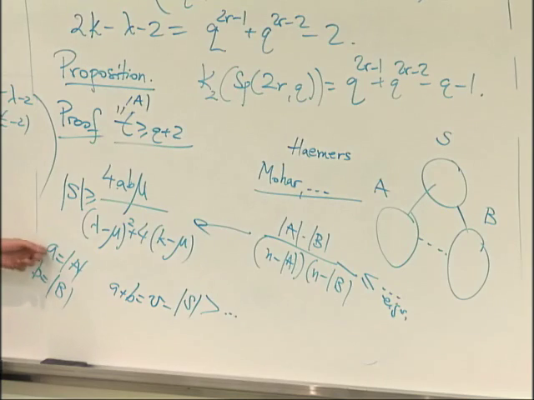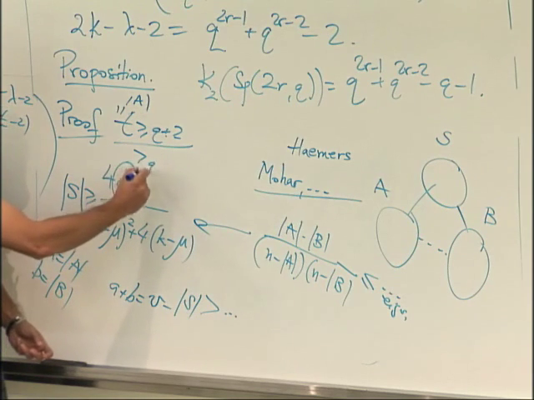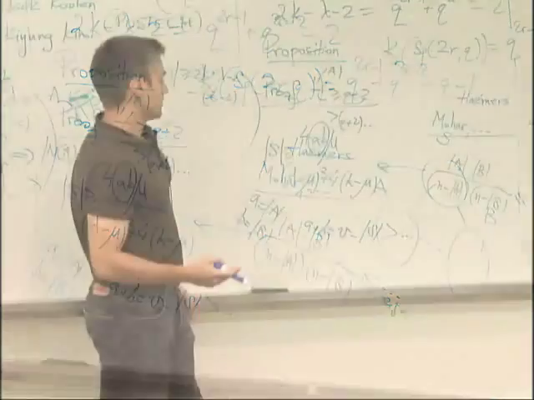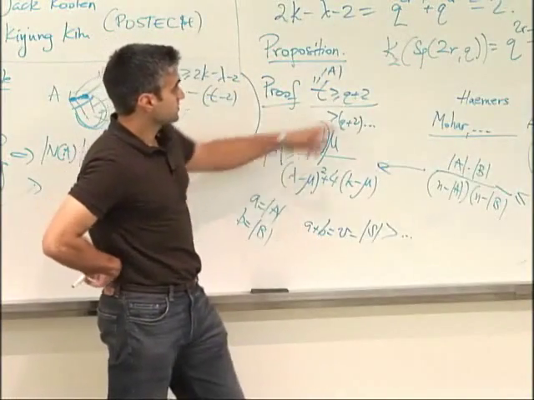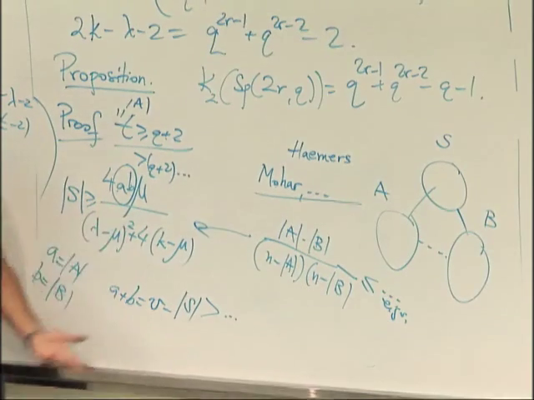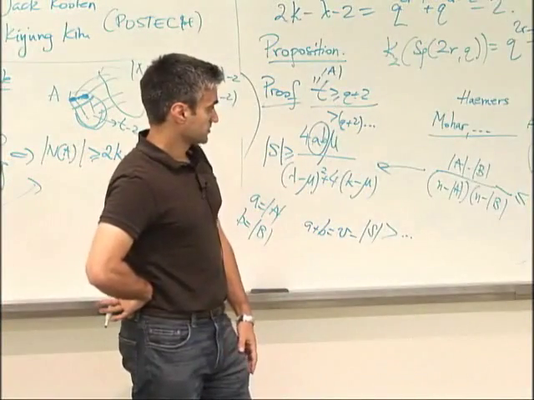And now if a is bigger than q plus 2 and a plus b is bigger than something, then the product a times b is going to be bigger than q plus 2 times something. And you plug the numbers in. It's simpler here because you see lambda and mu are the same. This is 0. It simplifies, it's pretty technical, and it goes on. And that's how you pretty much prove it.